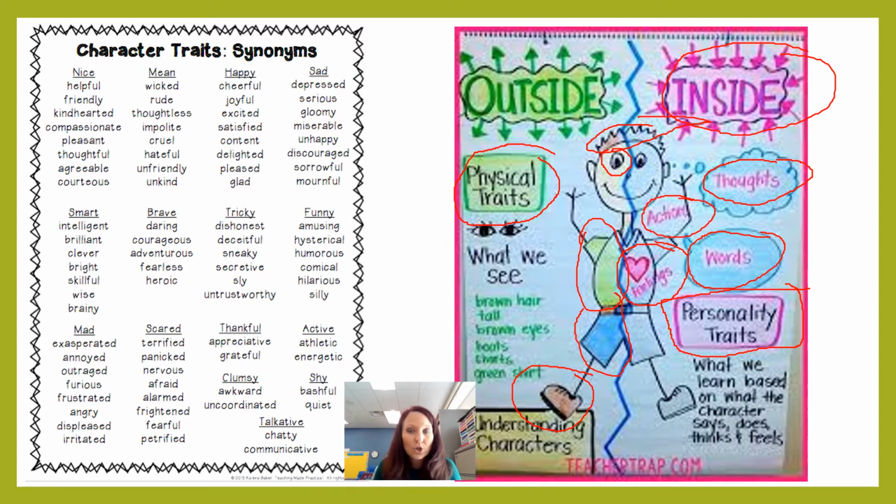What did they do because of the type of personality they have? So I'm going to give you guys this character trait list so that we can have it to refer back to when we are describing characters.